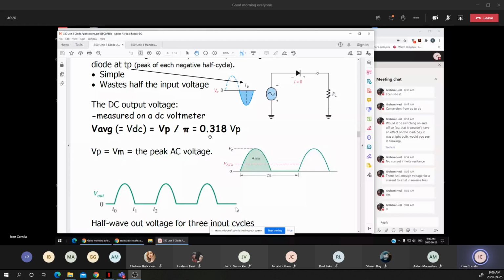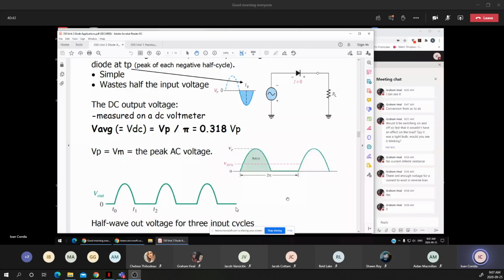You notice that the only difference is that factor, which is 0.318 instead of 0.637. Actually, it's half again of the VP because a single half of the sine wave is spread over a full period.